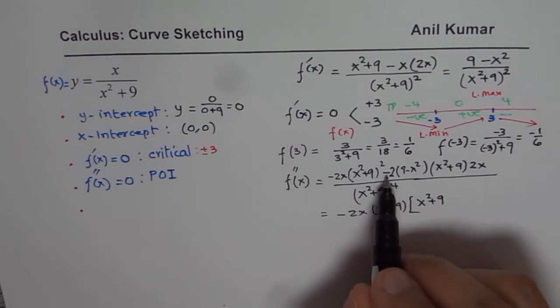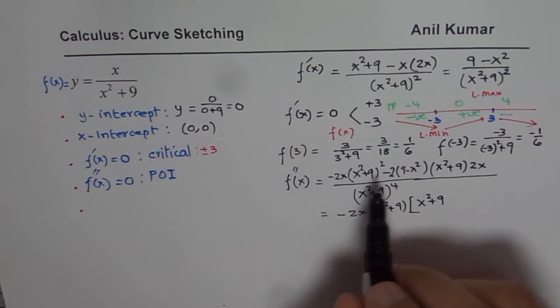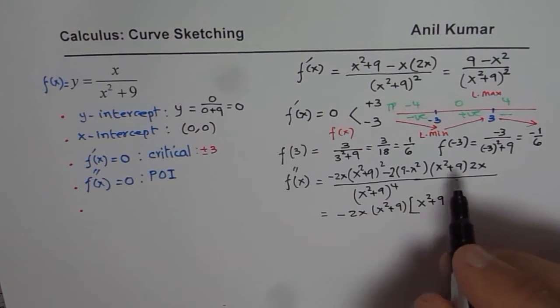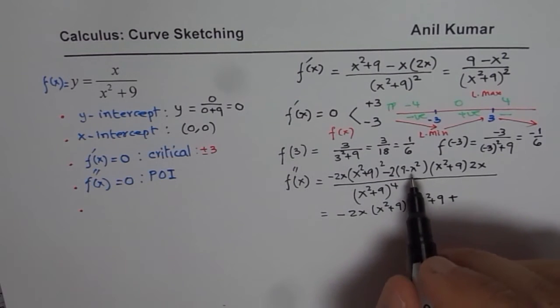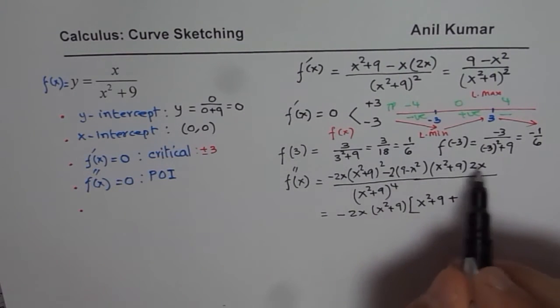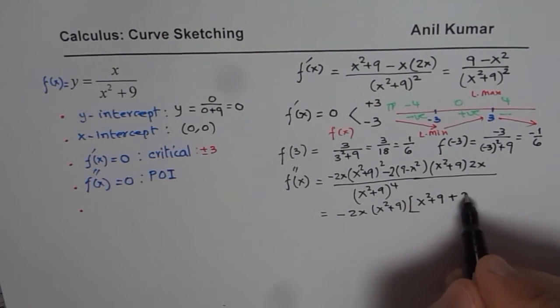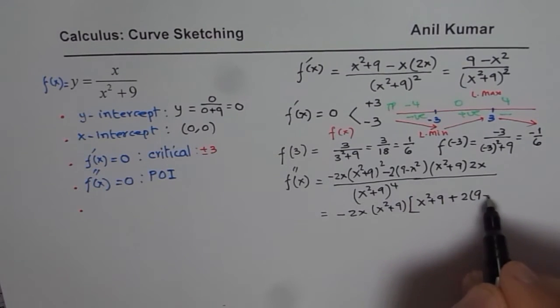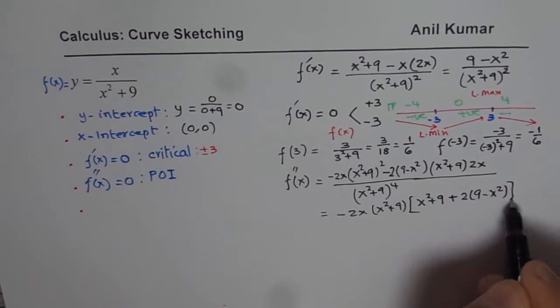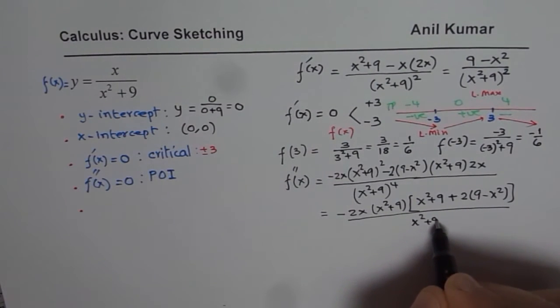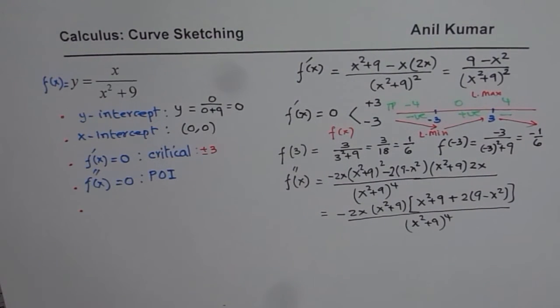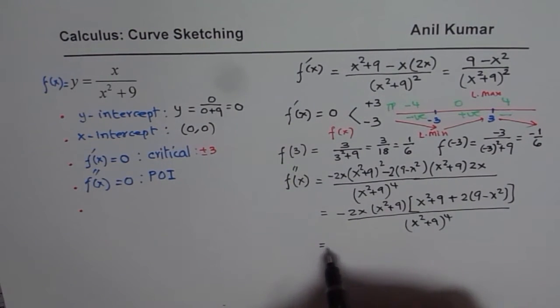We have already taken the negative sign outside as common, right? So we'll make it positive, since minus 2x has been taken outside: 2 times 9 minus x square, correct? Everything divided by x square plus 9 to the power of 4, right?